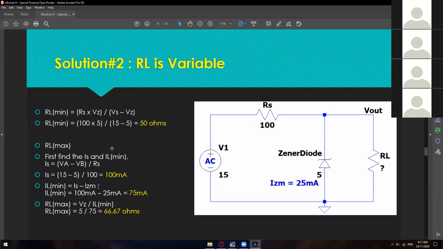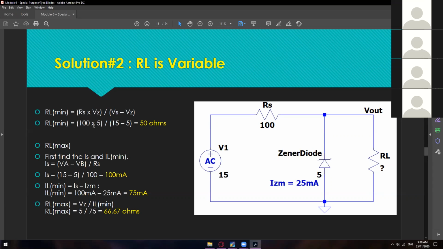All right, so solving for the RL minimum. The formula for the RL minimum is RS times the Zener voltage divided by the voltage source minus the Zener voltage. So just put the corresponding values and substitute them.